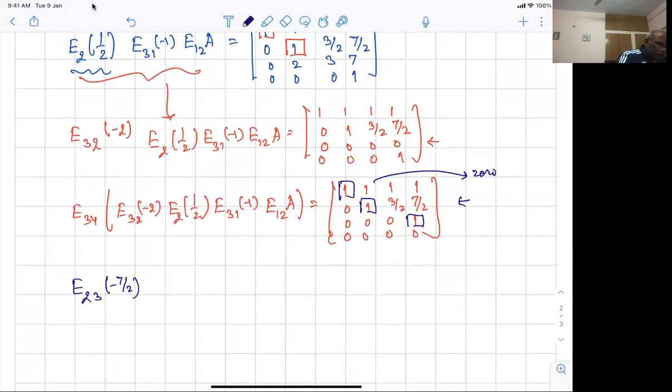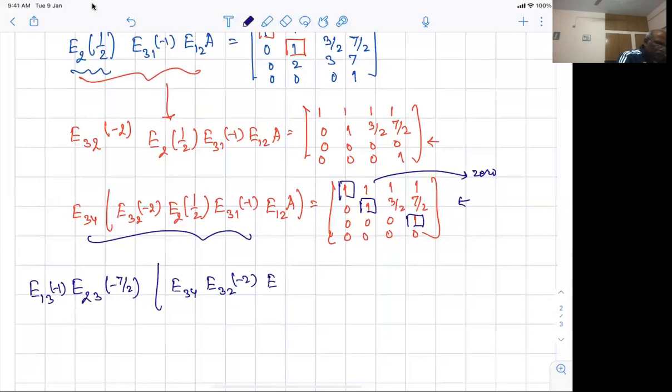I can also look at E13 of -1 and multiply by these two, and this whole thing will come here, which is E34, E32 of minus 2, E2 of half, E31 of minus 1, E12 of A. This whole matrix will give me 0 0 0 0 0 0 0 1 0 1 3 by 2 0 1 1 1 0. This is what I get.